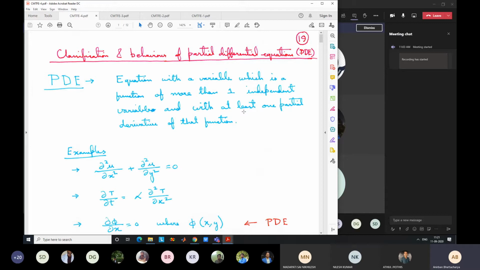This is very important, because based on this behavior we want to develop different numerical algorithms for those cases. Each type of behavior will lead to a different type of algorithm. So we want to study this classification and behavior of PDEs.